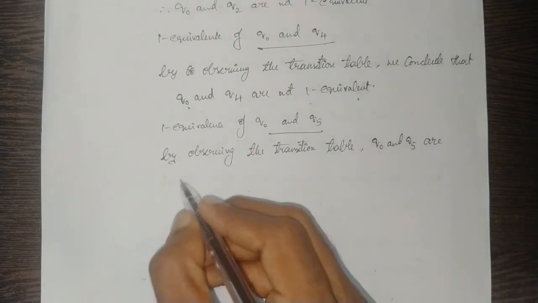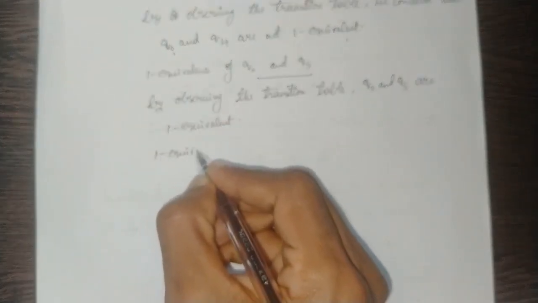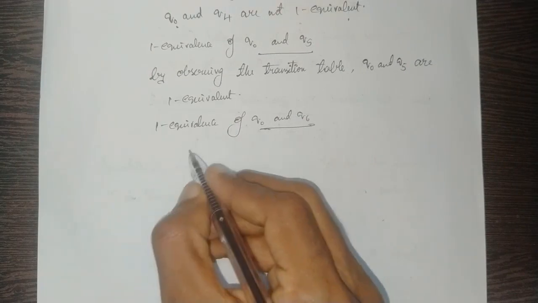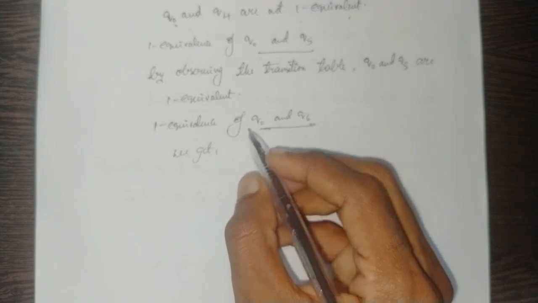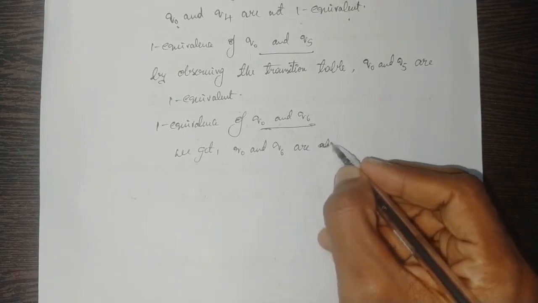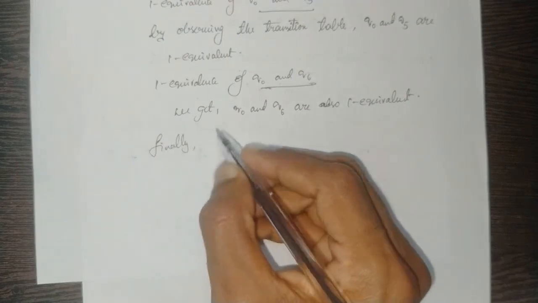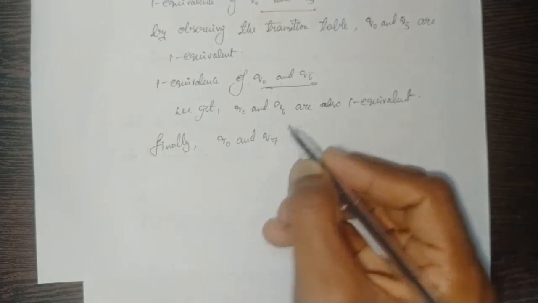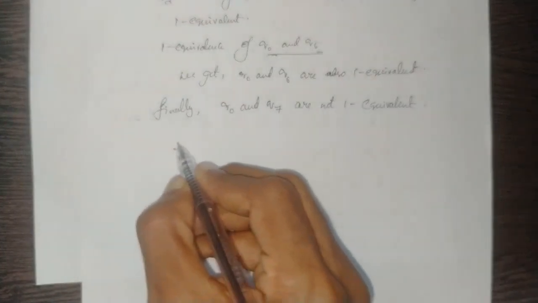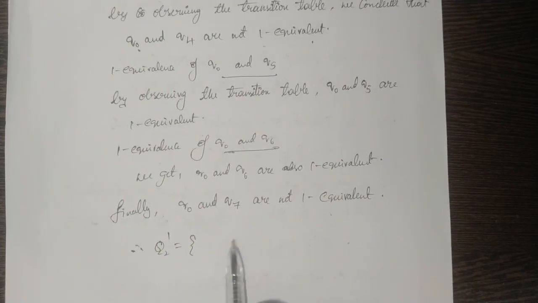Similarly for Q6, again by observing the same table, we get Q0 and Q6 are not one equivalent. Finally, one equivalent.